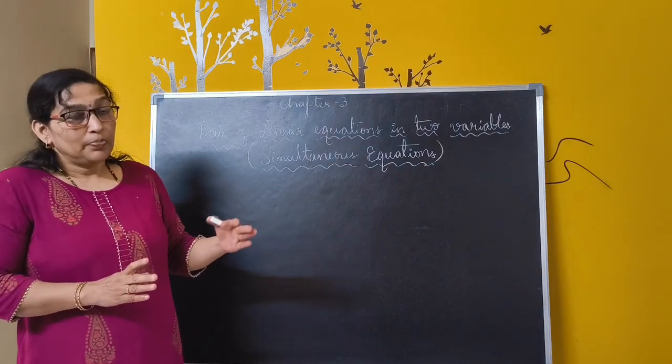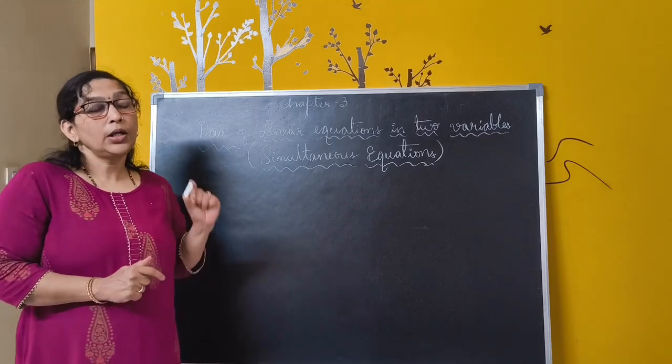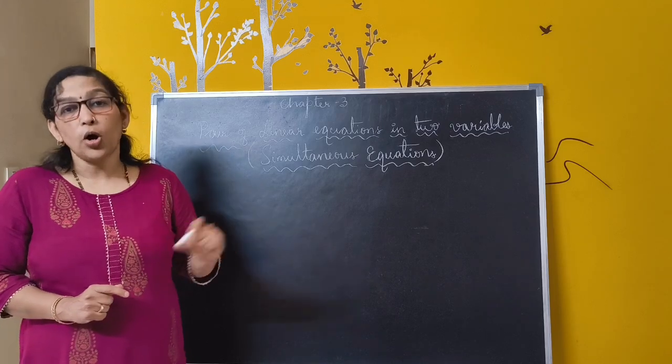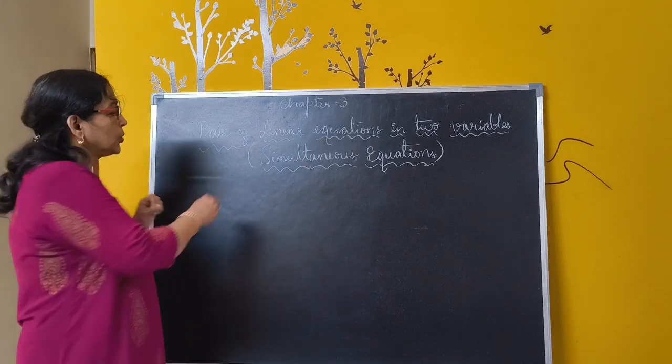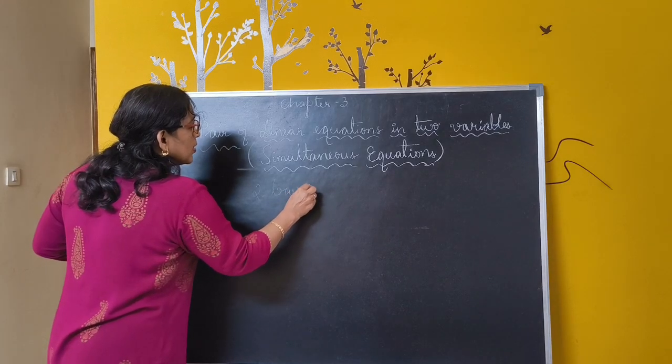For example, now you are going to a shop, okay, fruit shop, and you want to buy 2 bananas and 4 oranges.